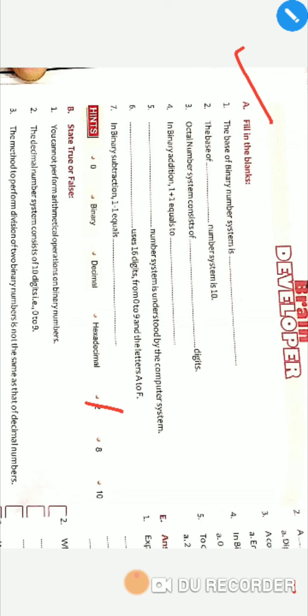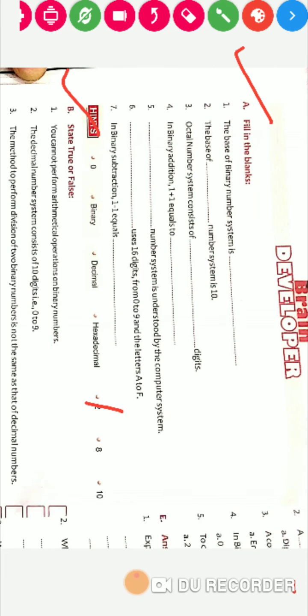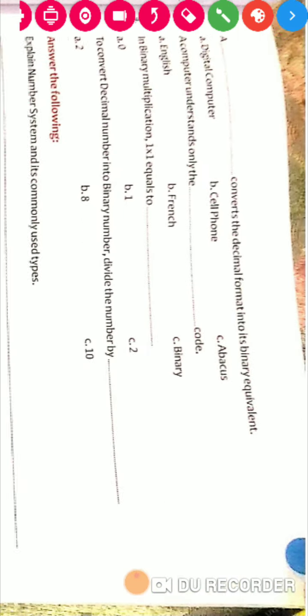The first one is fill in the blanks. The second is state true or false. The third is application based questions, which you need not do. You can do the multiple choice questions and then try to find answers to these questions.